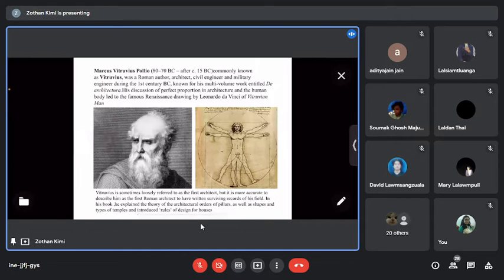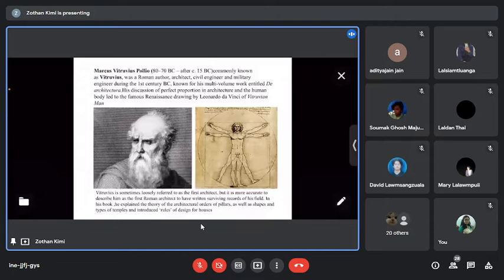That's why we refer to him as the first architect. There were many other grand structures which were built before Vitruvius, but we are considering him as the first architect because of the works that are documented and we can still access to this day. It was actually properly theorized and put in a book.